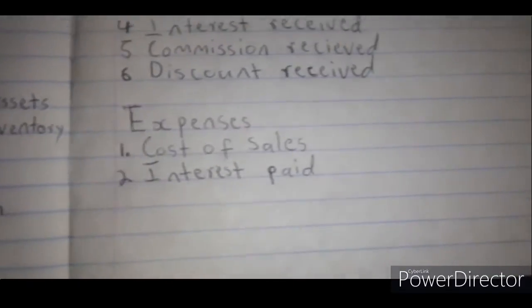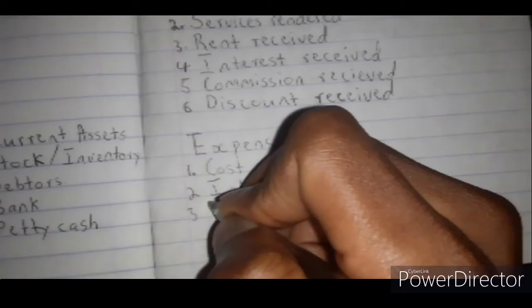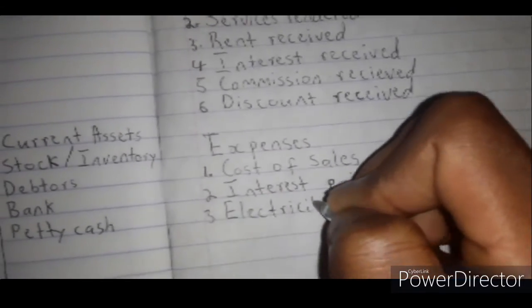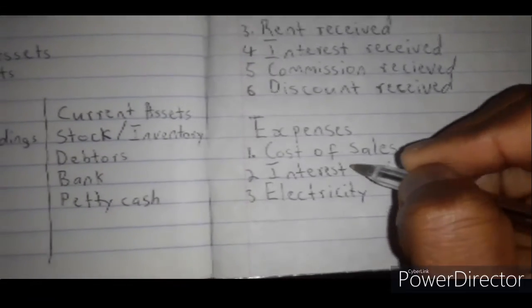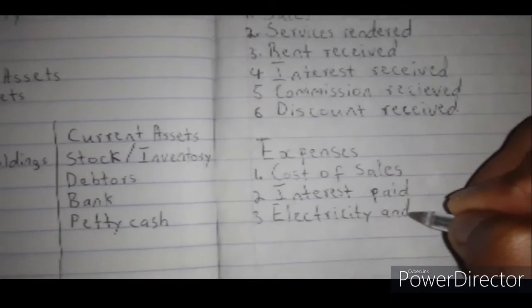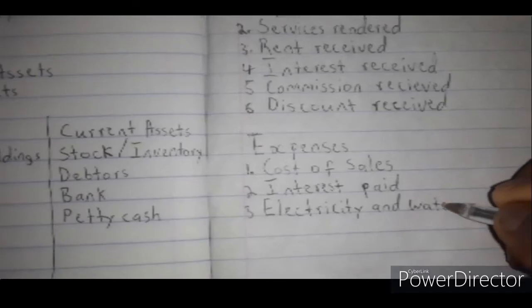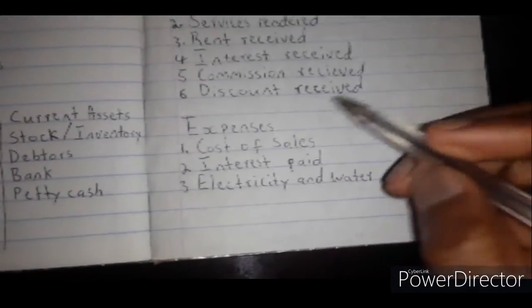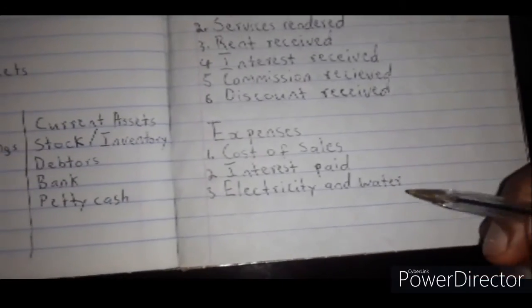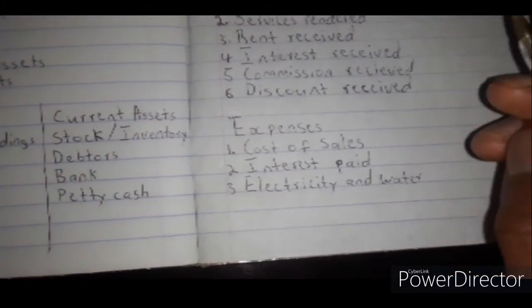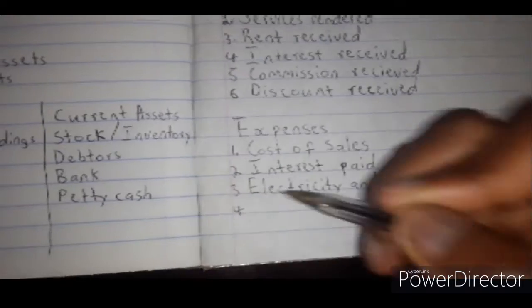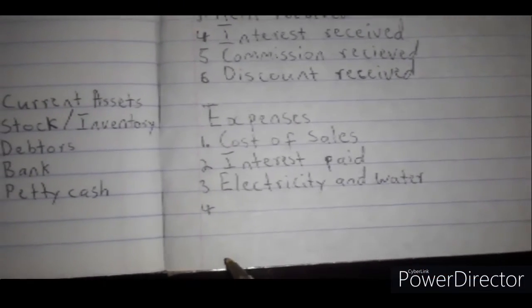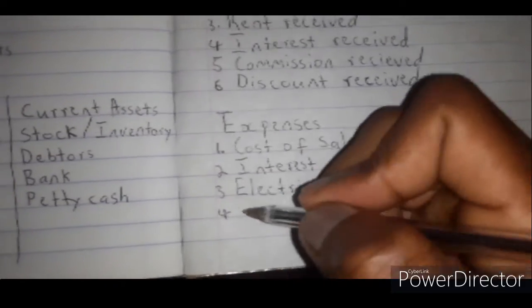Then electricity and water. And bad debts.